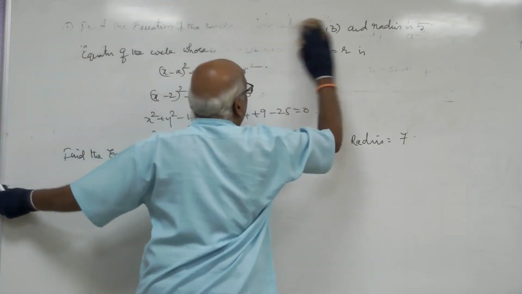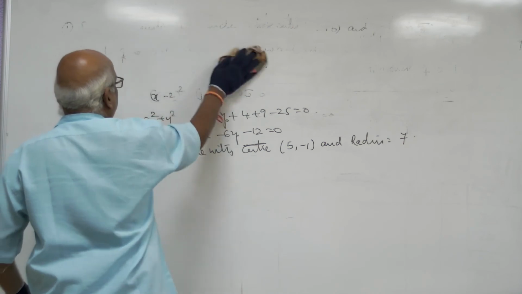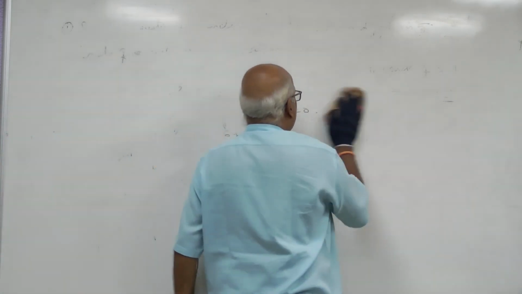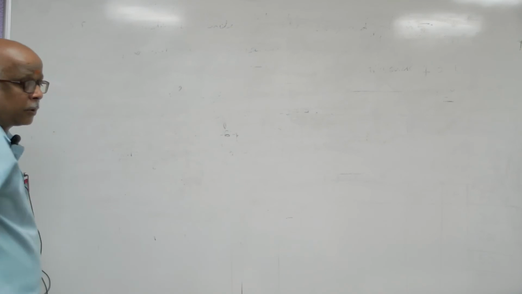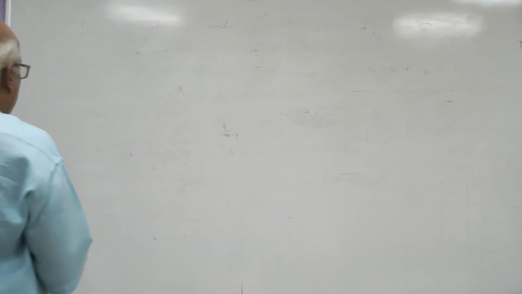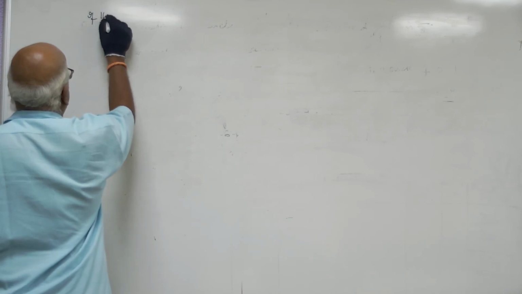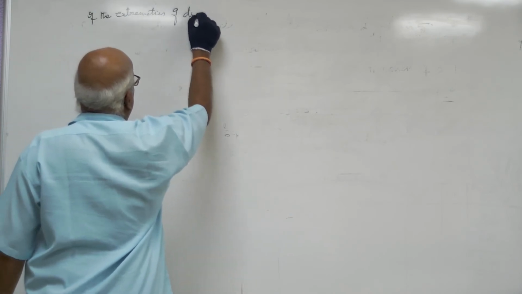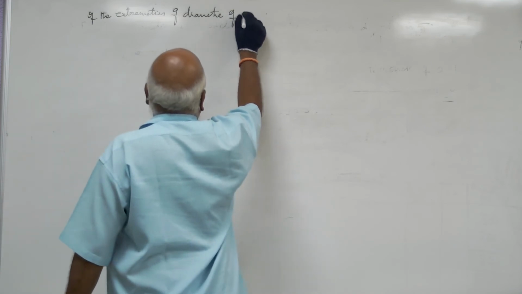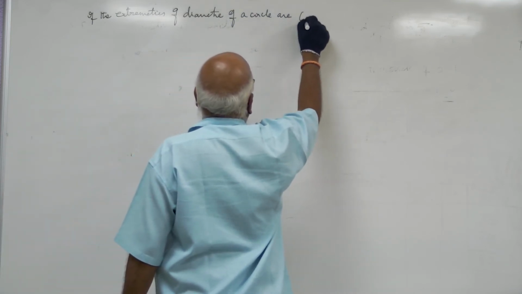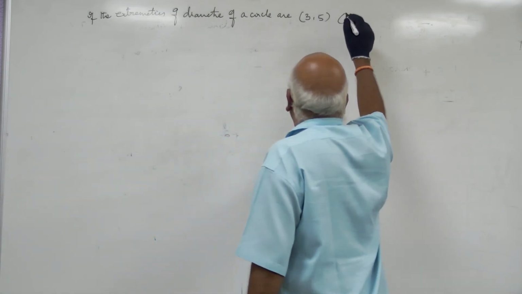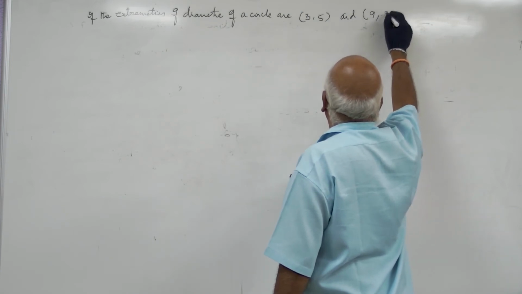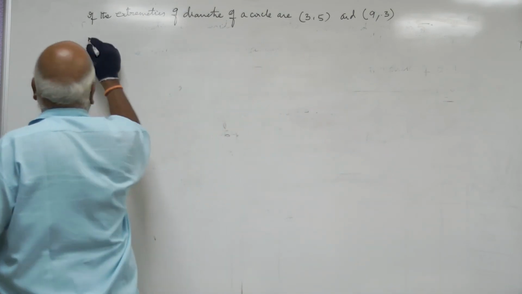And our next problem, second one: if the extremities of a diameter of a circle are 3, 5 and 9, 3, then find the equation.